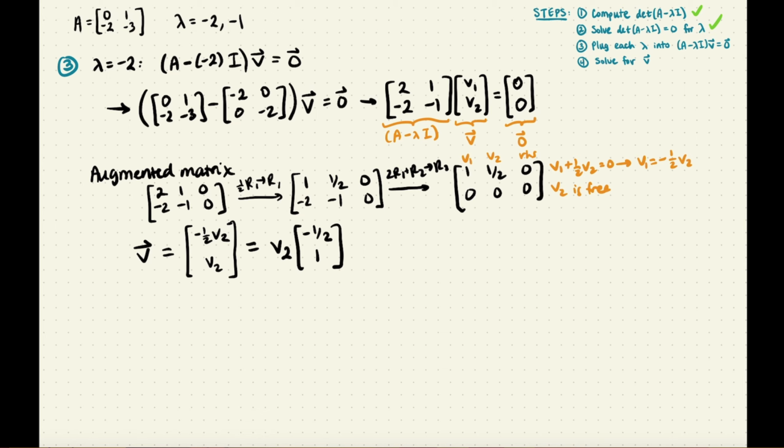It turns out that any non-zero scalar multiple of this vector is an eigenvector. So we can choose whatever we want as long as we don't pick a 0.